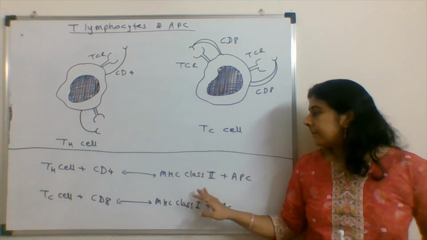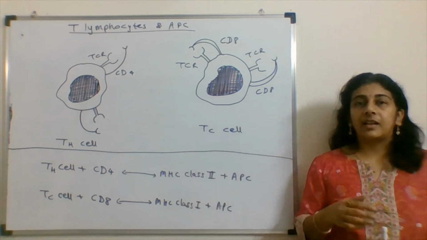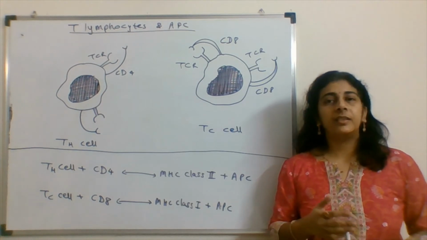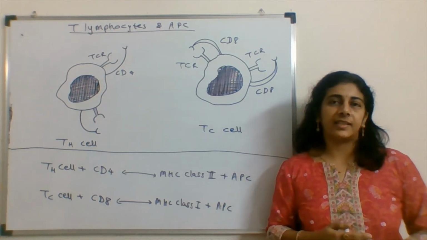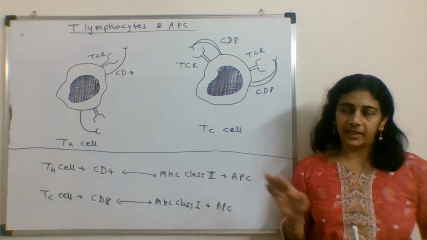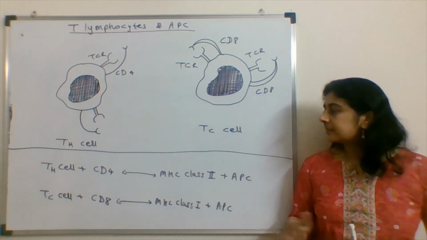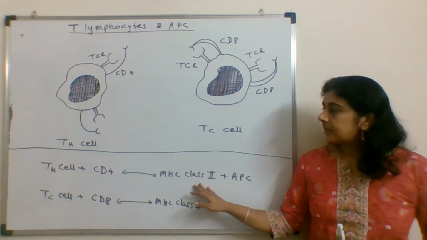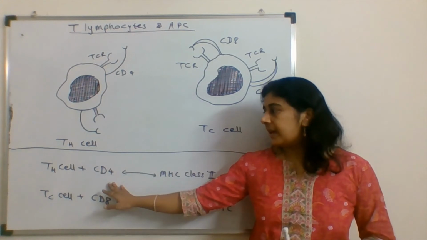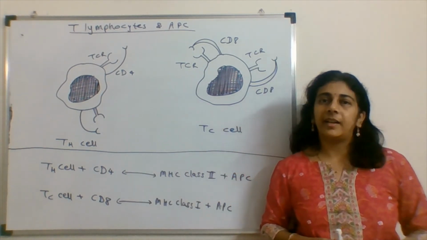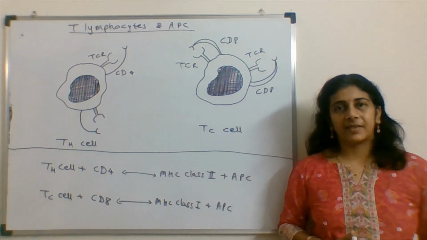Secondly, MHC class 2 is present on phagocytic cells, or we can say antigen presenting cells. This presents the antigen to the T helper cell and the immune response takes place.